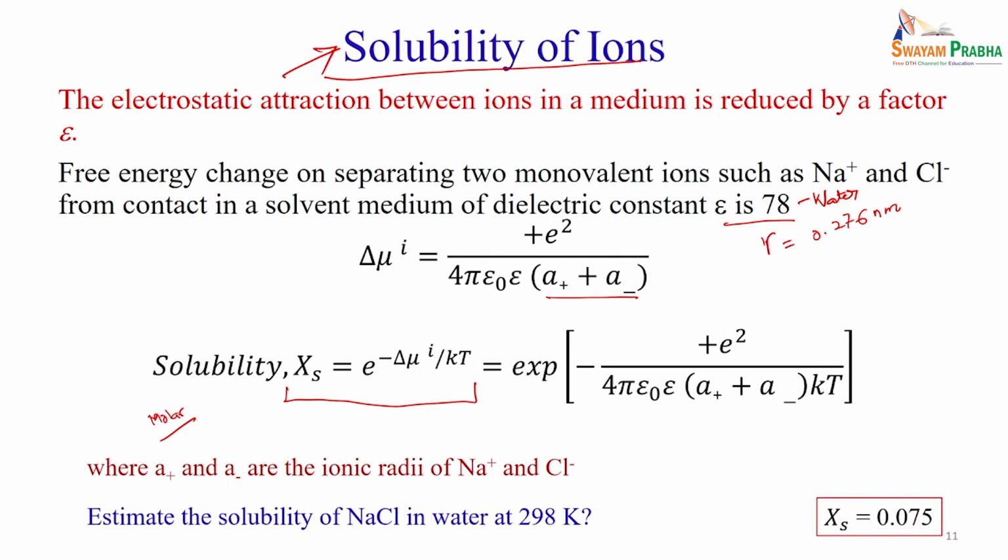It is very close to the experimental value of Xs, which is 0.11. So, the predicted value is coming very close to the experimental value. So, we can say this intermolecular interaction between these two molecules can be directly related to the solubility.